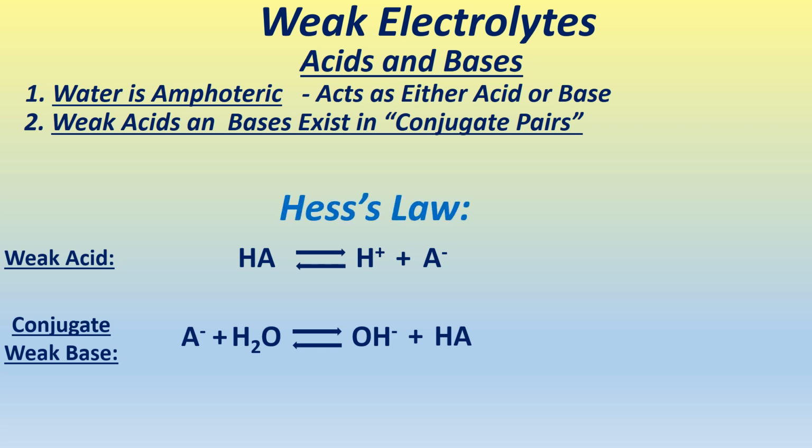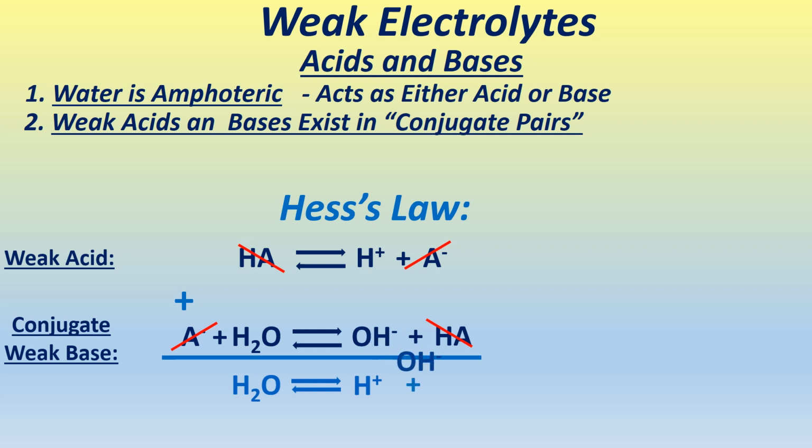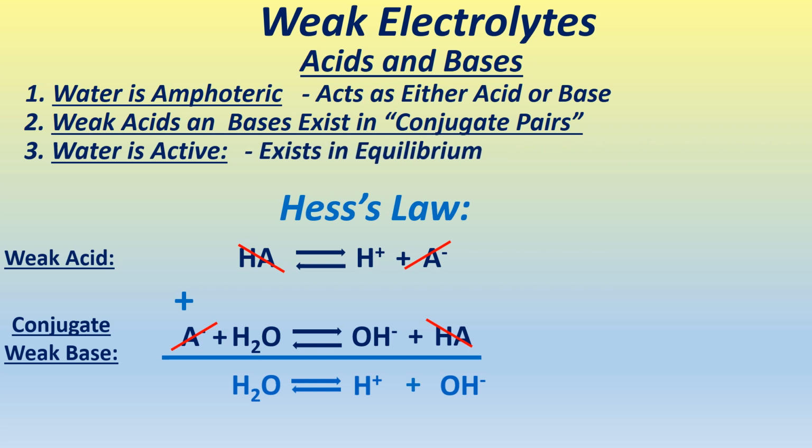If I go with Hess's law and I add these two reactions together, you'll note HA is showing up on both sides of the equation. Also, A minus is showing up on both sides of the equation. What one is left with is H2O in equilibrium with H plus and OH minus. This is another reason why water is essential for life. It is actually chemically active. Water exists in equilibrium.